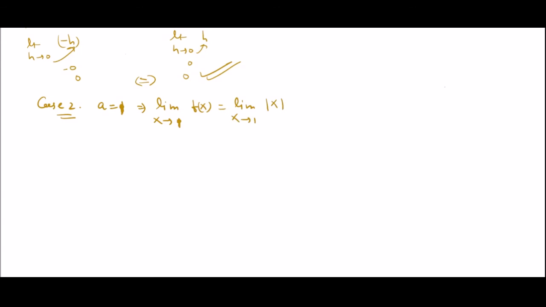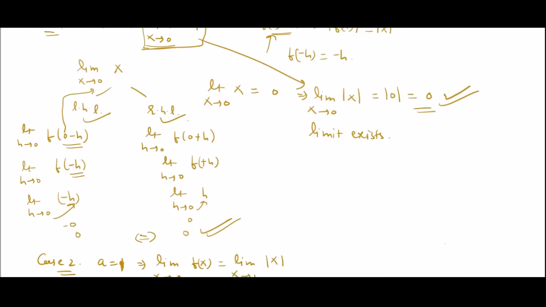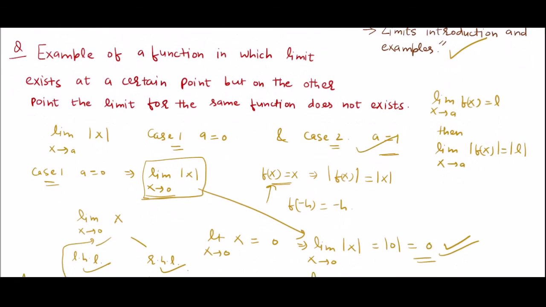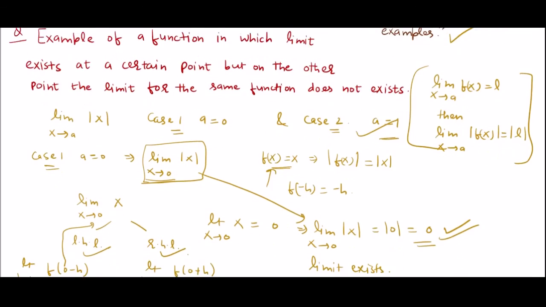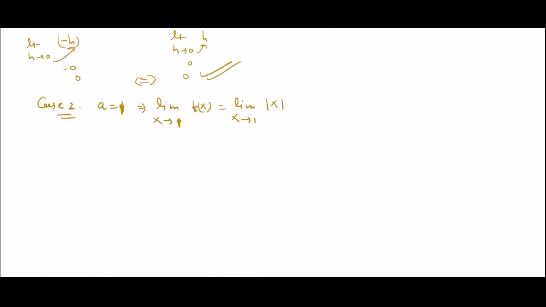So by using the same theorem, which is this, we can find the limit by first finding the limit as x tends to 1 of x. Fine, so here we will have the left hand limit and here we will have the right hand limit.